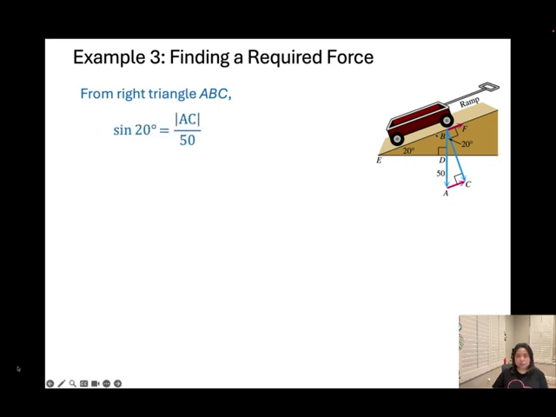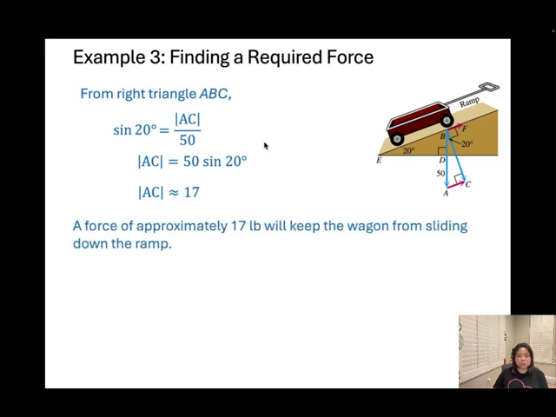The hypotenuse is going to be 50 newtons, times 50 for both sides. Use your calculator. You should get the magnitude of AC to be about 17. So to answer the question: a force of approximately 17 pounds will keep the wagon from sliding down the ramp.